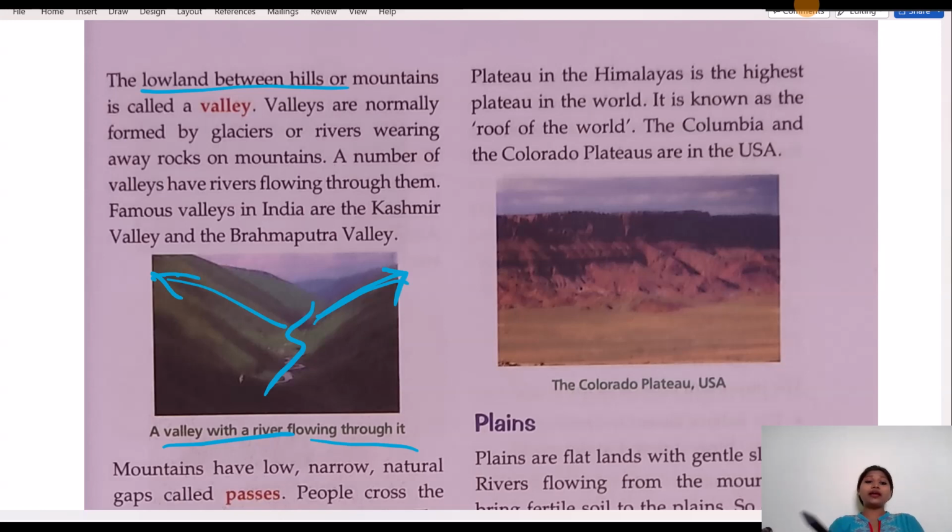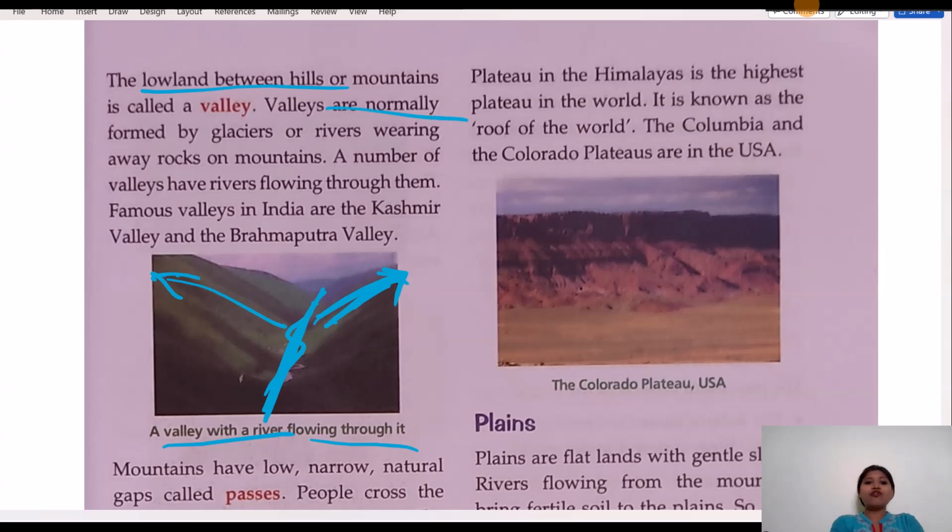There is a lowland here in the middle, but the land portion is very little. So the lowland between the two hills or mountains is called the valley.